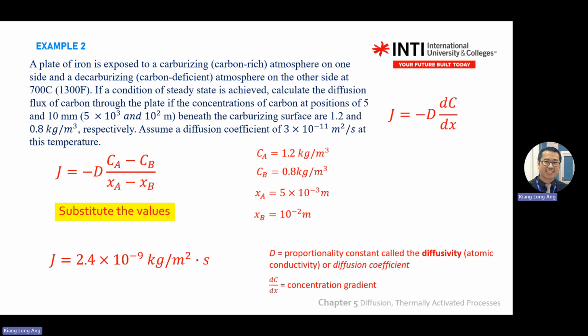XA is 5 times 10 to the power negative 3, XB is 10 times 10 to the power negative 3, that is 5 mm and 10 mm. Substitute these, D is given, to get J equal to 2 point something kilogram per square meter per second.